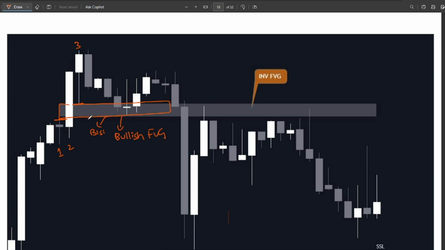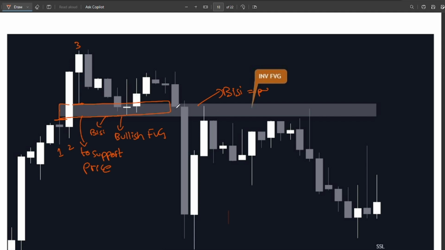To support price. In normal circumstances, this would support price. But as you can see, price didn't hold this fair value gap and broke through it, which means that this BISI was disrespected and now this can be considered as resistance. And this BISI would now act as resistance.